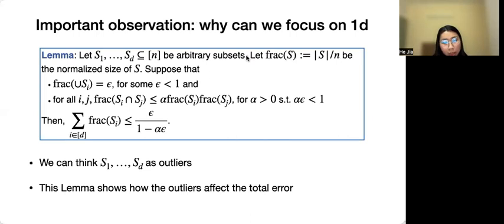So what can this lemma tell us? If we think of S1 to SD as outliers, the outliers in each coordinate, they can affect our algorithm and make our algorithm have an error.